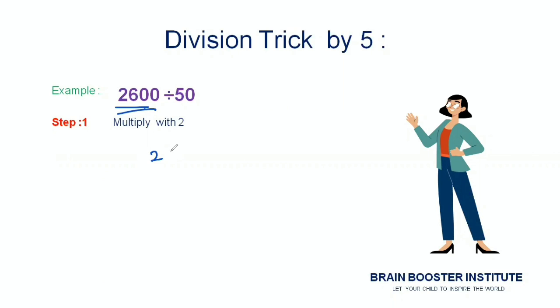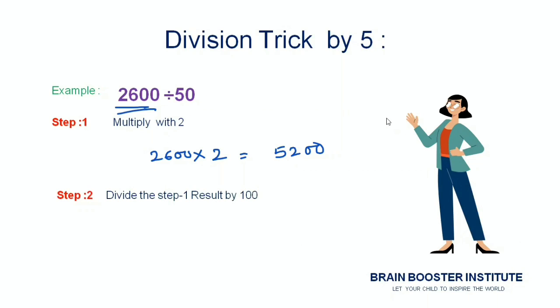Now, 2600 into 2 is equal to 5200. It's very simple. And divide the step 1 result by 100. Very simple, my dear friends. 5200 by 100, and the two zeros cancel. The answer would be 52. That's it. It's very simple.